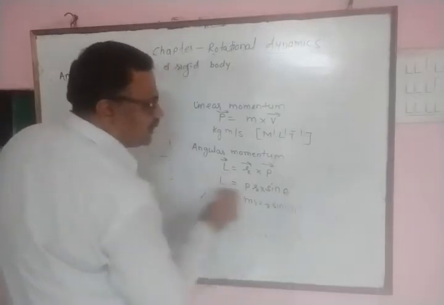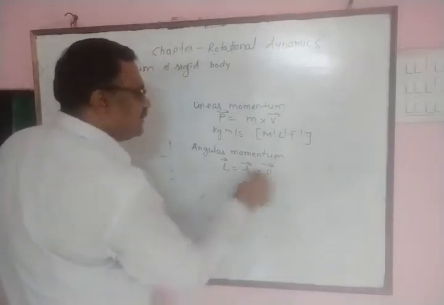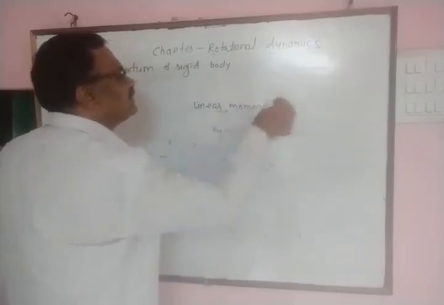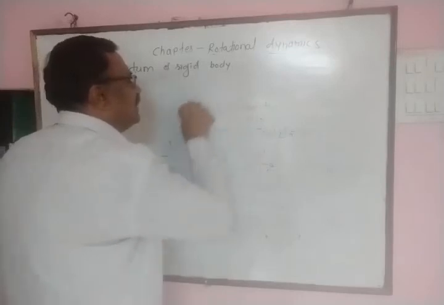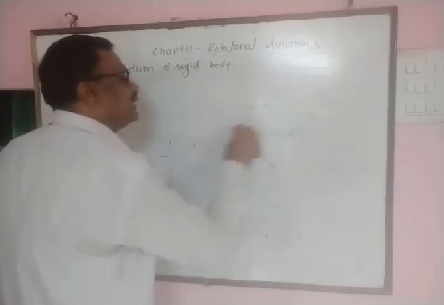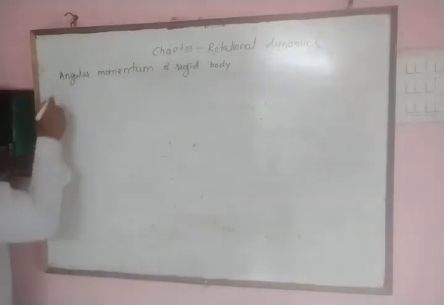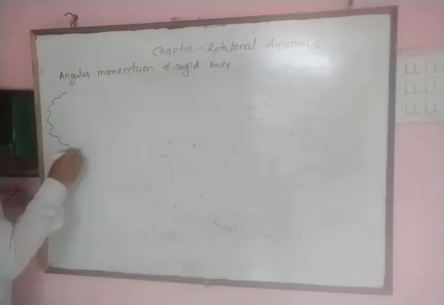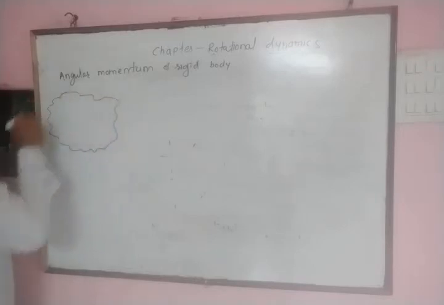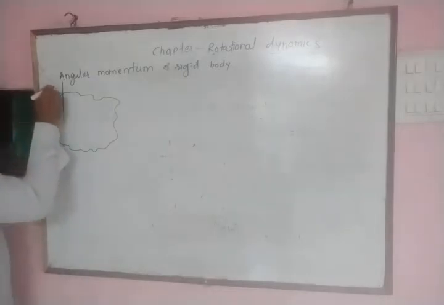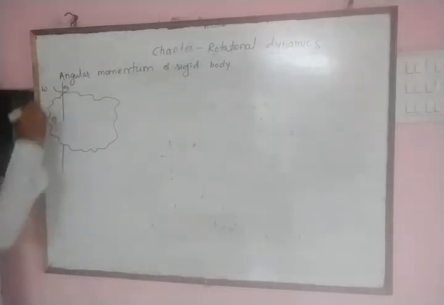In rotational motion, we know the linear velocity of each particle is different because the radius of the circular path is different, but the angular velocity of each particle is the same. Consider a rigid body of any shape, performing rotational motion about an axis passing through any point O with constant angular velocity omega.